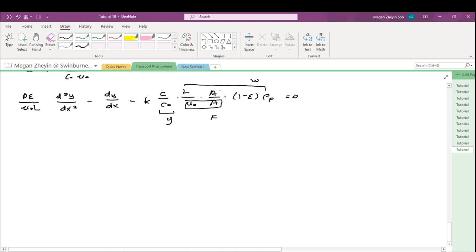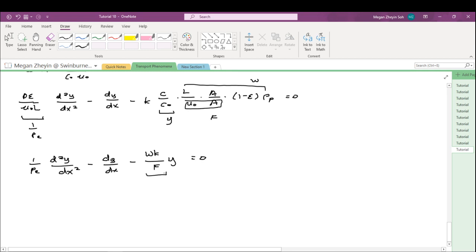Okay, so we simplify this, and this one we shall take as 1 over PE. So meaning to say in the end we get 1 over PE d squared y over dx squared minus dy over dx minus wk over f y equals 0.